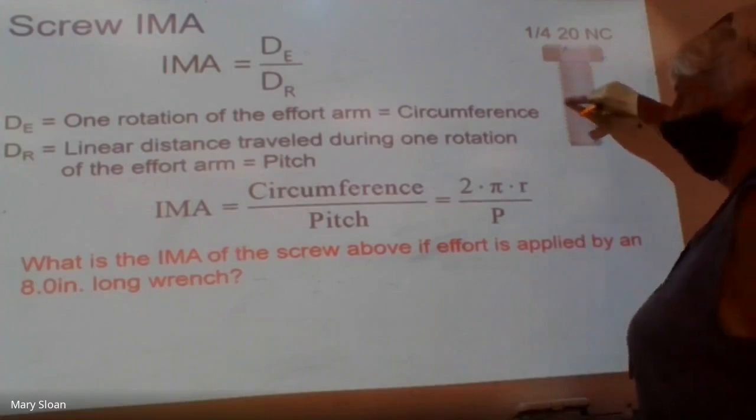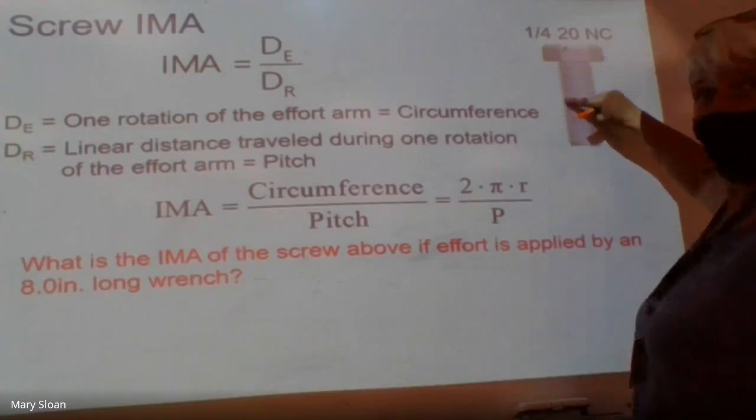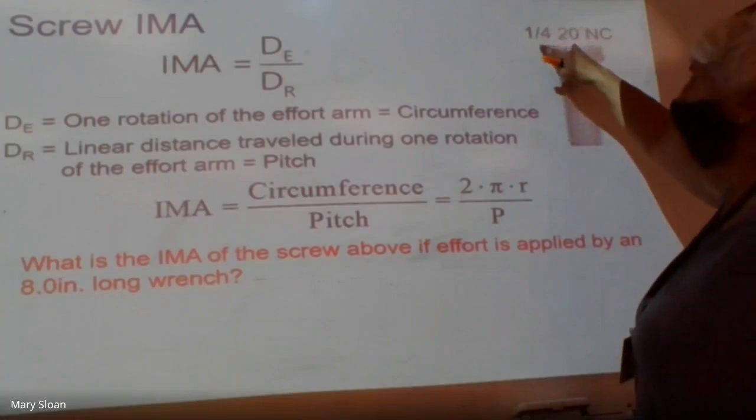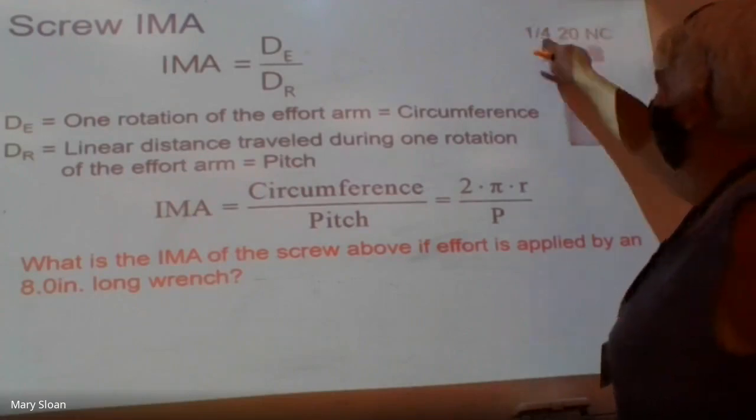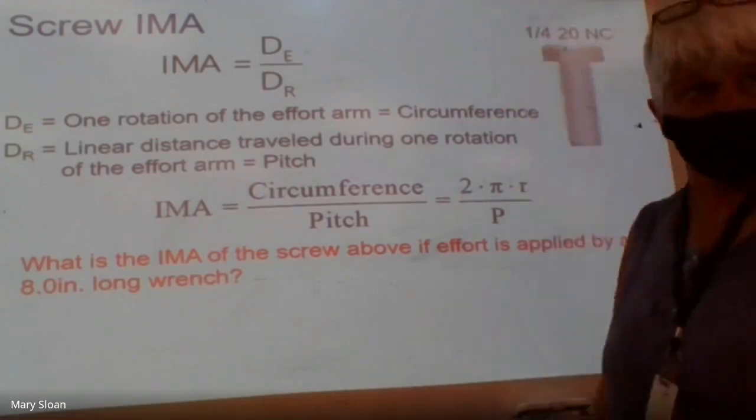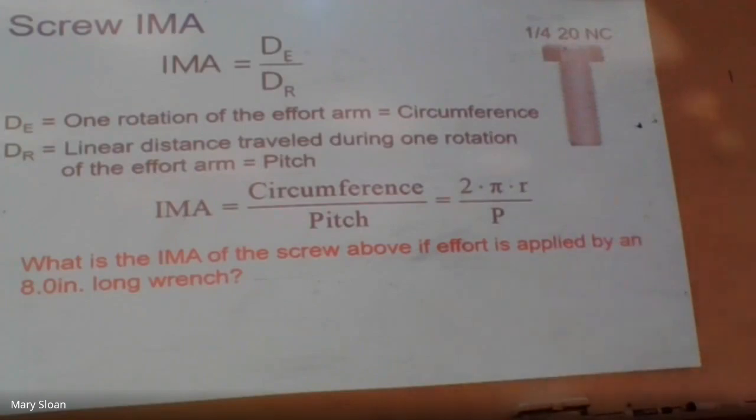What is the circumference? Up here. So let's look at these numbers here because they're going to help us. What's the pitch number? The diameter is 1/4, correct. Yes, very good.